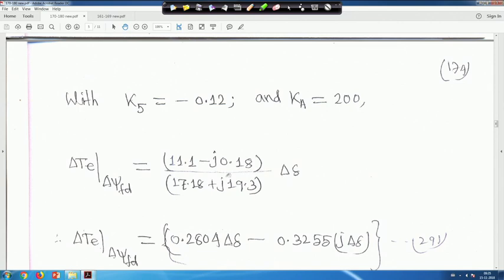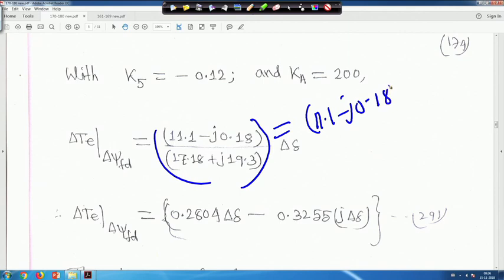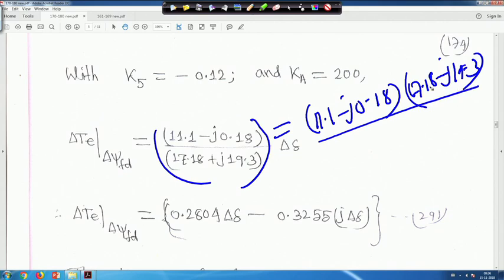If you multiply numerator and denominator by this and simplify, only this term you can write as 11.1 minus j 0.18 into 17.18 minus j 19.3.